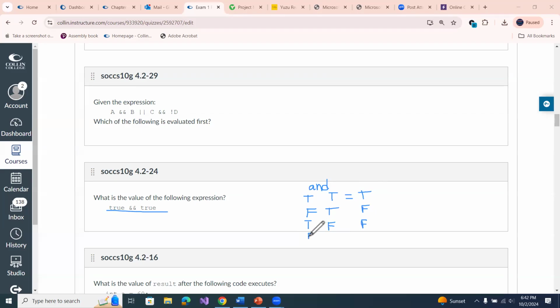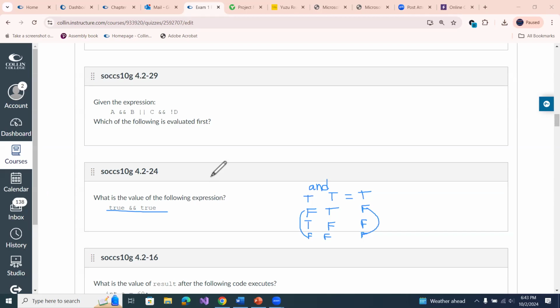And then false and false gives you false. It's the opposite of the or. So everything is false with an and, because it means you have to meet both criteria. Like to vote, you have to be at least 18 and registered in whatever county, let's say you're going to vote in Collin County, you have to be at least 18 and be registered in Collin County. That's an and. So you don't have an option.